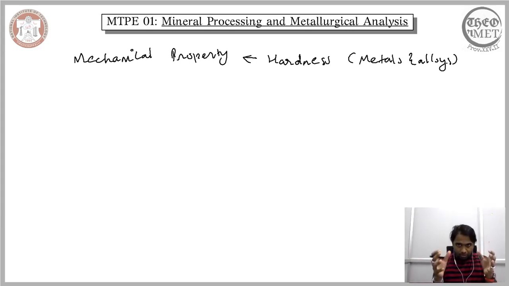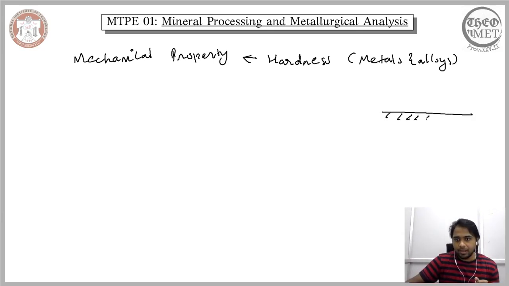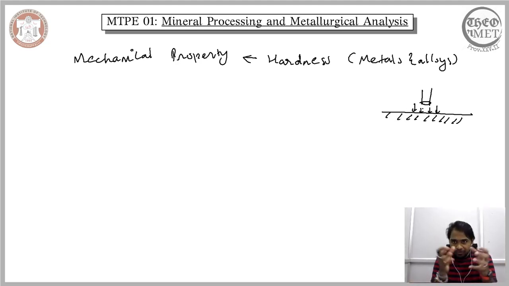Supposing you have such a huge metal, and you apply a local load using a loading apparatus, it is going to impose a local load here. This local load will try to introduce a permanent deformation into your material, and the resistance offered by your material to such a local permanent deformation is what we refer to as the hardness.